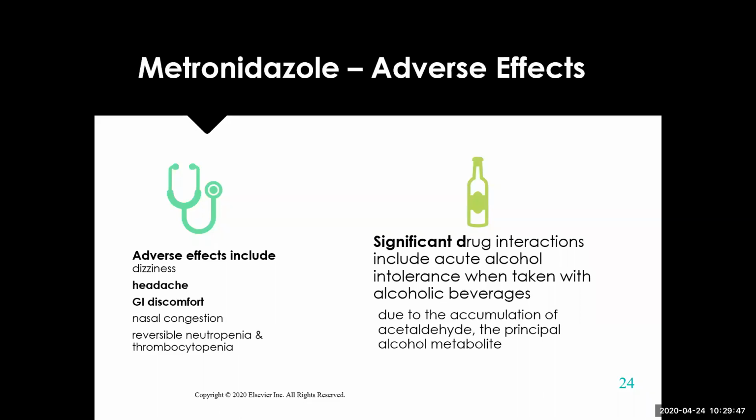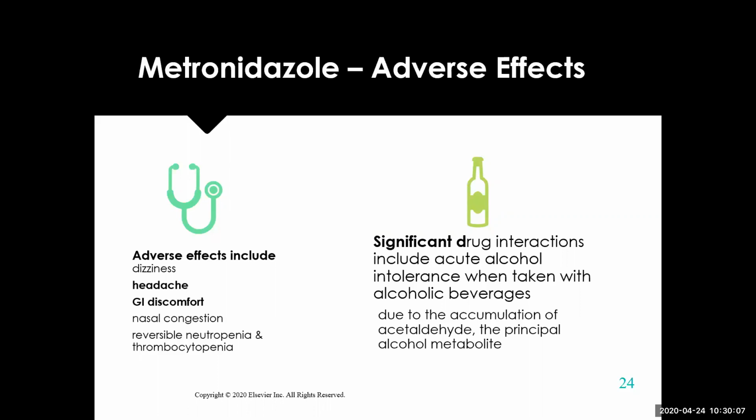So a significant drug interaction that I need to tell you about with metronidazole is alcohol. Anytime you combine alcohol with this drug, it causes a serious reaction called an antabuse reaction. And they will get violently ill, throwing up and sick as a dog.